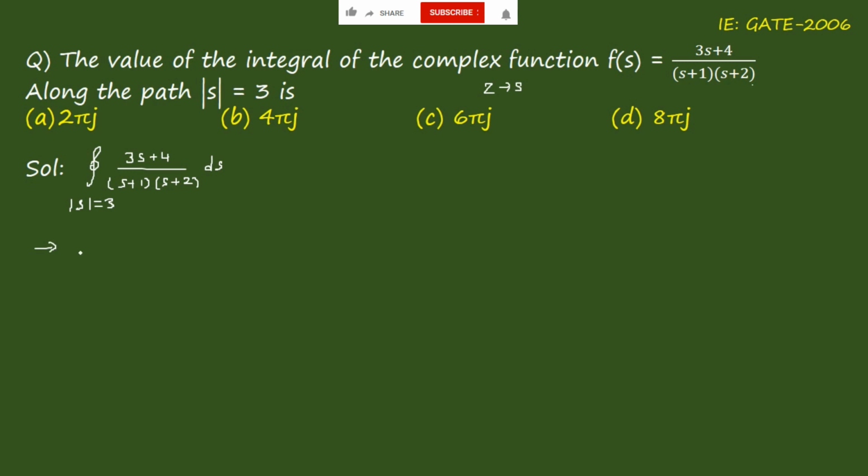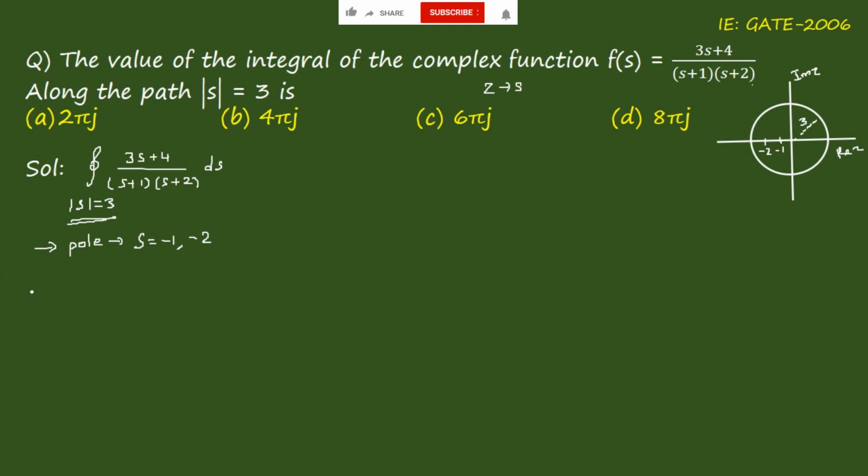Okay. First, we'll be finding the poles. You can see that s is equal to minus 1 and minus 2 are the poles. We'll check whether they are inside the circle or not, for mod s is equal to 3. If you consider a graph here, there's a real part of z and there's an imaginary part of z. And they're given that radius of this one is nothing but 3, right? Then minus 1 and minus 2 would be coming inside the circle, right?